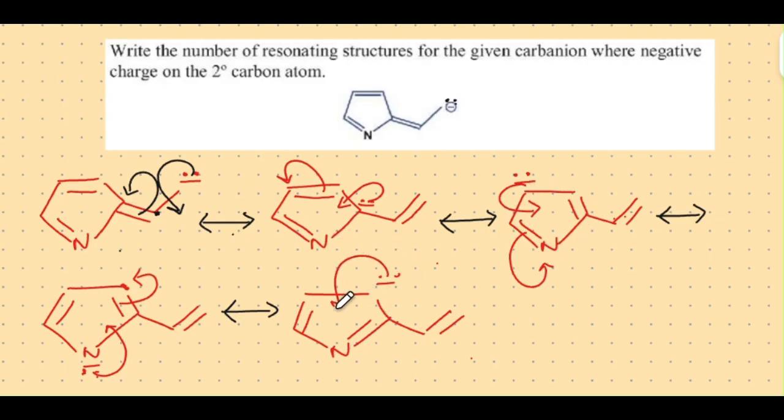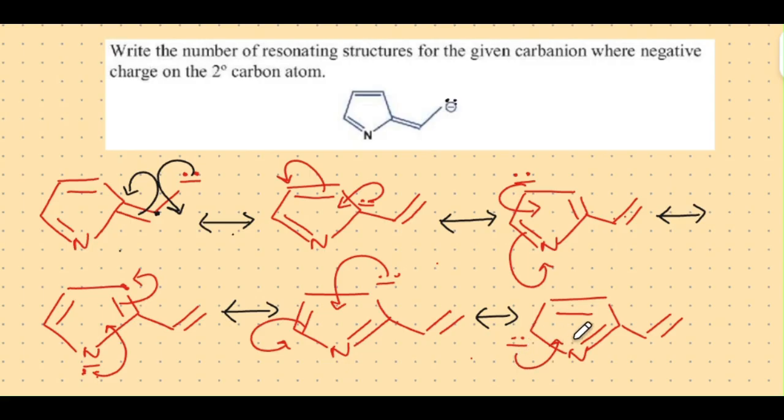So finally when the electrons move here, the electrons will move on this. You have to get back your structure whatever you started with. Till then you have to write all possible resonating structures. And remember students, the more the resonating structures, the more will be the stability, isn't it?